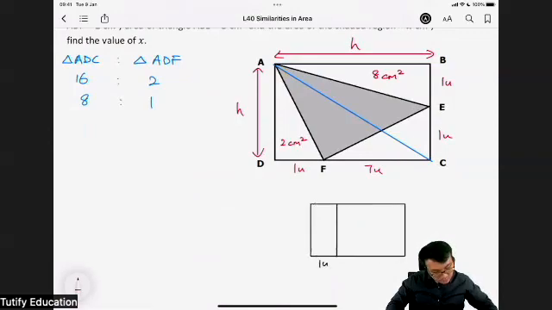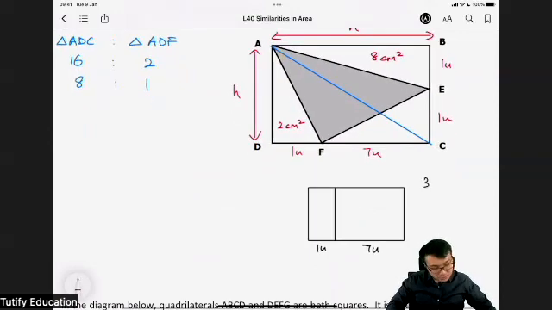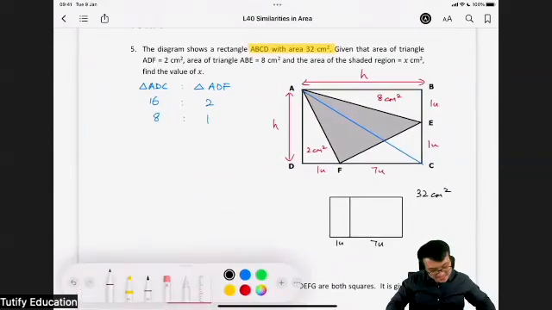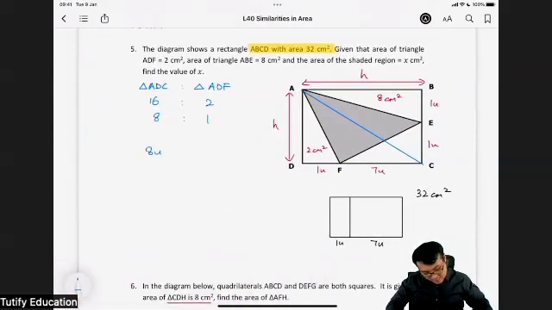I know that this is 1 unit, this is 7 units. And I know that the total area is 32. Right? Correct. Okay, so what's the next step? Can I say that 8 units equals to 32? Because the entire length is 8 units, right?